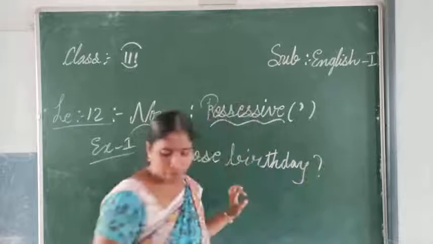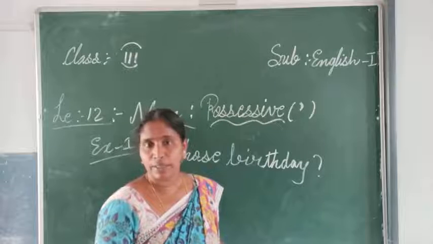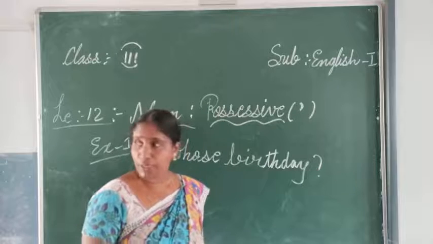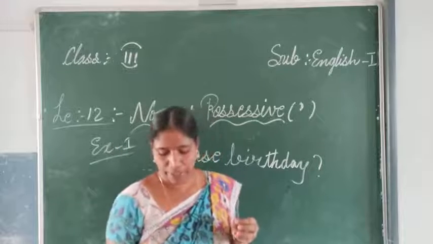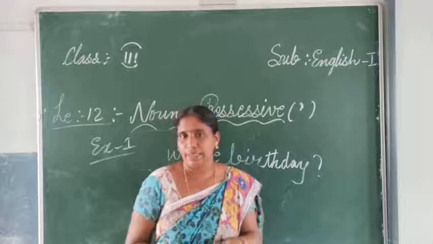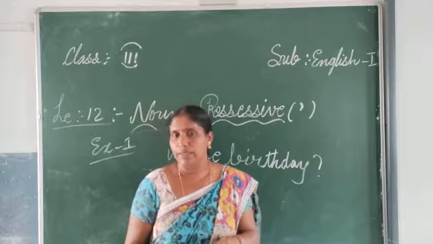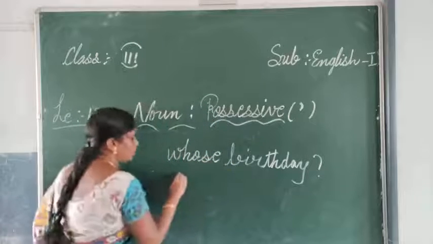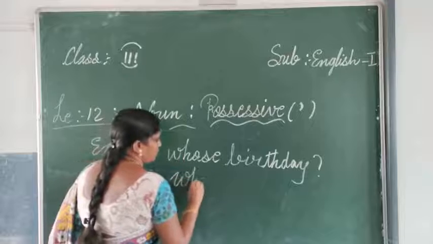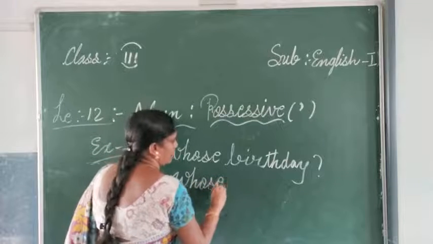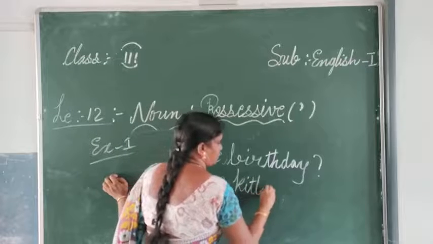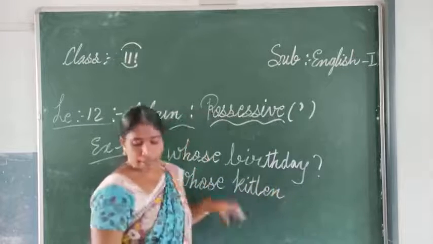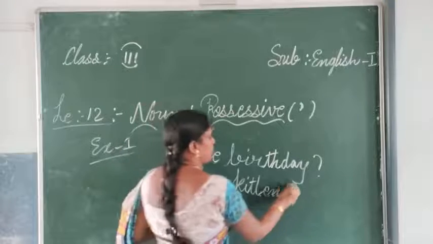The next one, you see: the fish of the kitten. So the kitten is here. How will you make it? Whose kitten? What do we have to use here? Whose kitten, then a question mark.